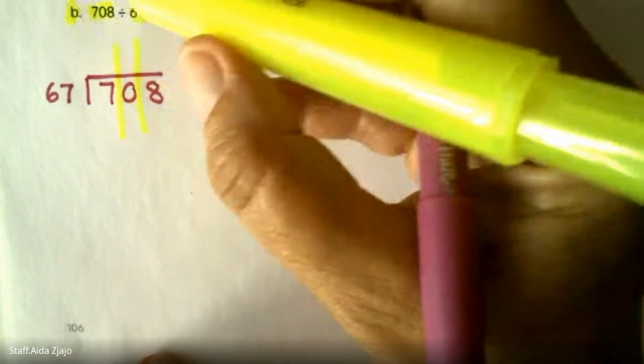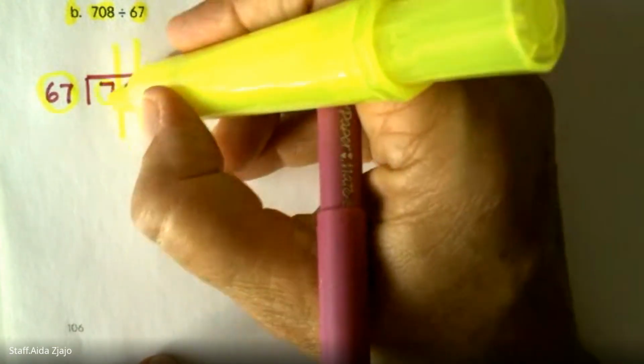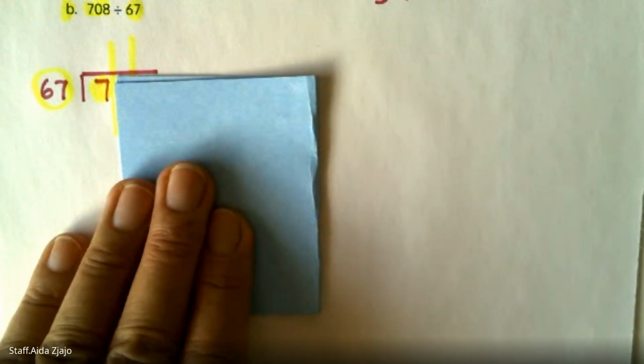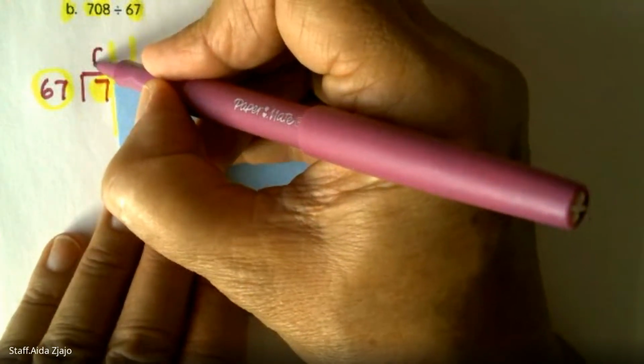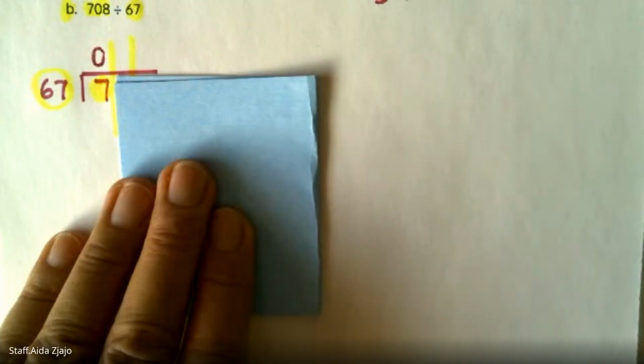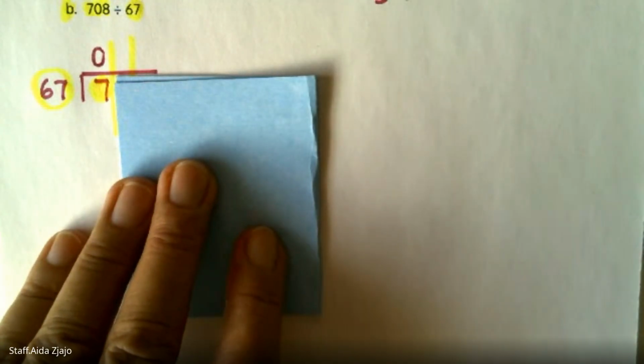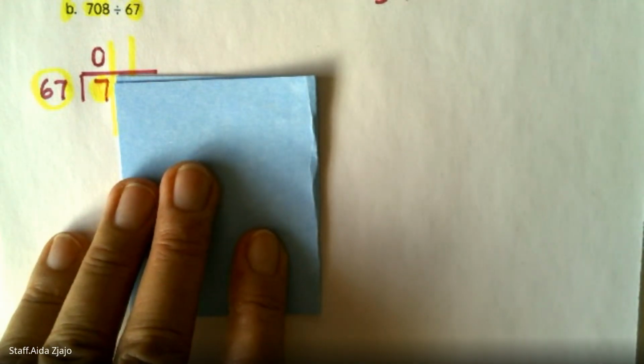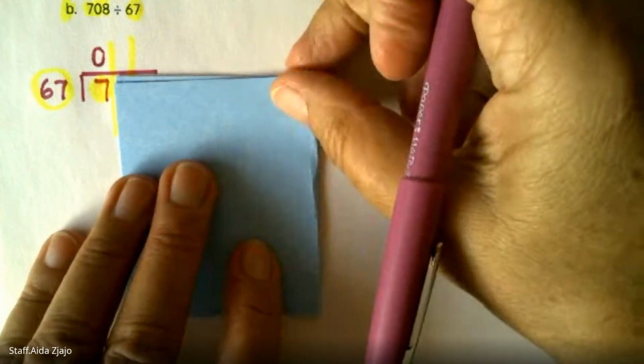My group is 67. If I have 7, can I make a group of 67? No. And it's important that you put the place value there, 0, because sometimes if you are messy, you get confused by your answers.